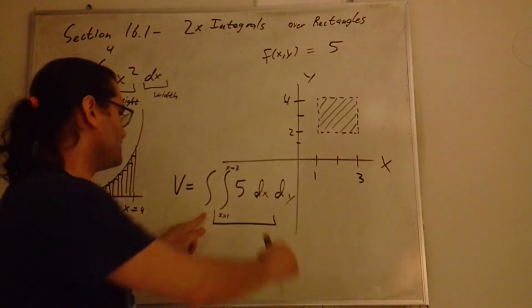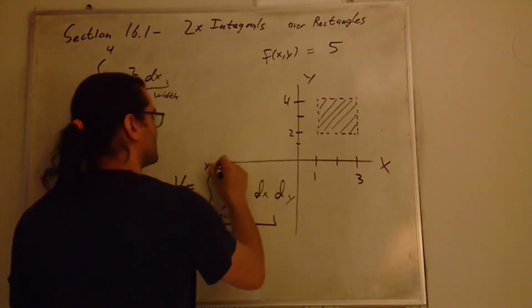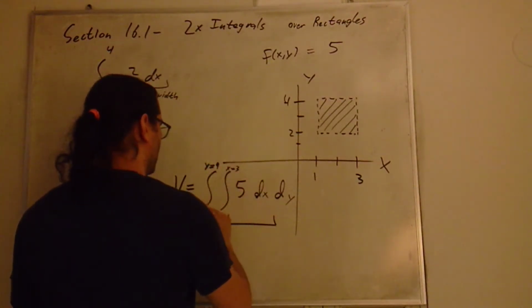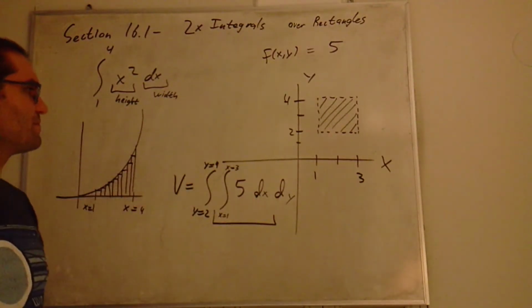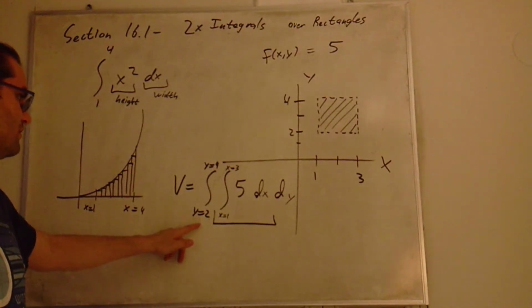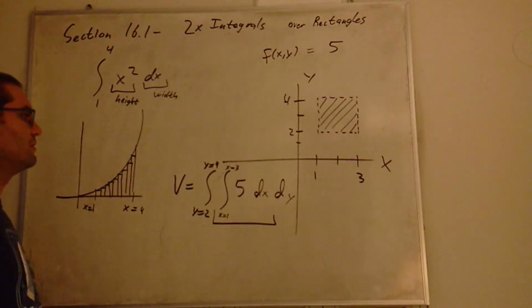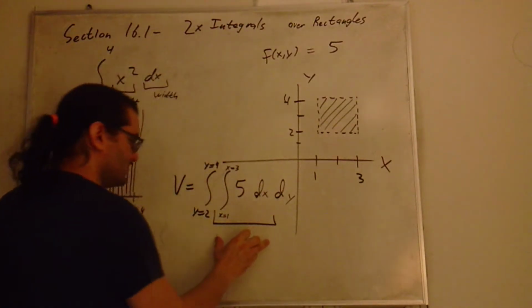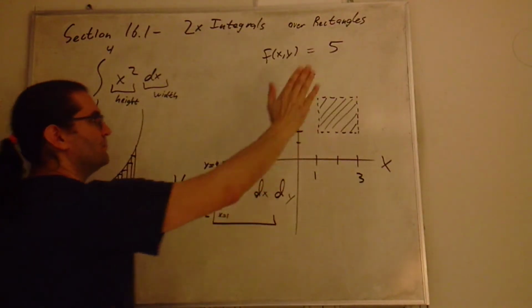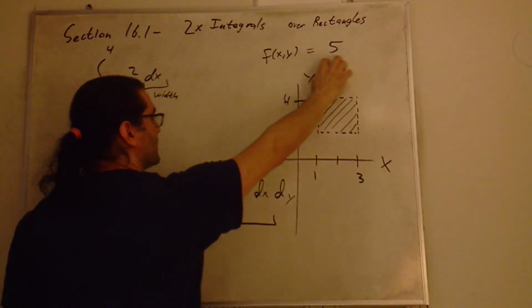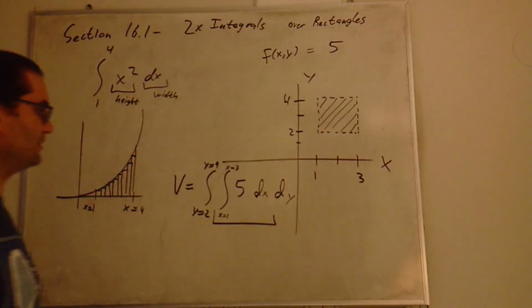That means that the outside integral is dy, and so that's going to go from y equals 4 to y equals 2. Sorry, from 2 to 4. Always start with the lower one and then the upper one. So this is how you get the integral of the total volume of the function f of x y equals 5 over this rectangular region of the xy plane.